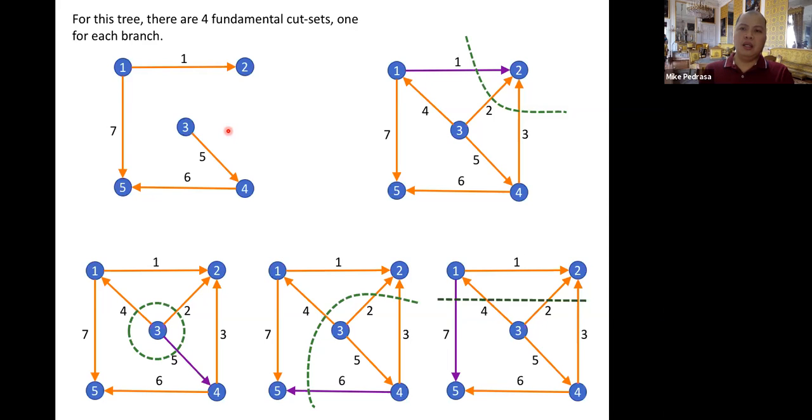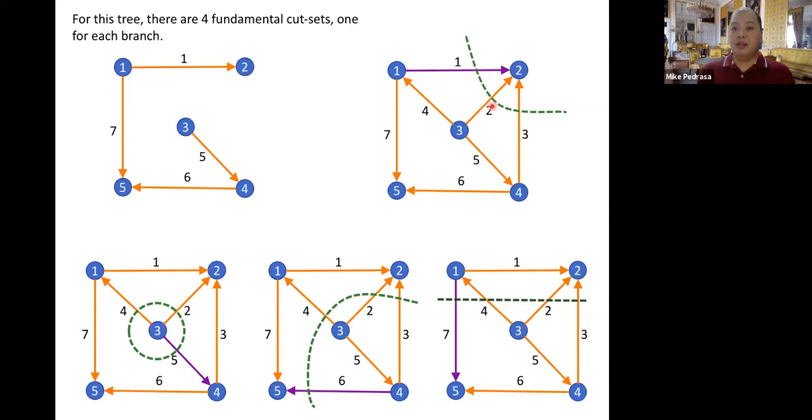So meaning, if we're going to choose branch number 1, what are the other branches that will go with branch 1 such that when you remove those from the graph, you are left with two disconnected subgraphs? You can see the answer here.